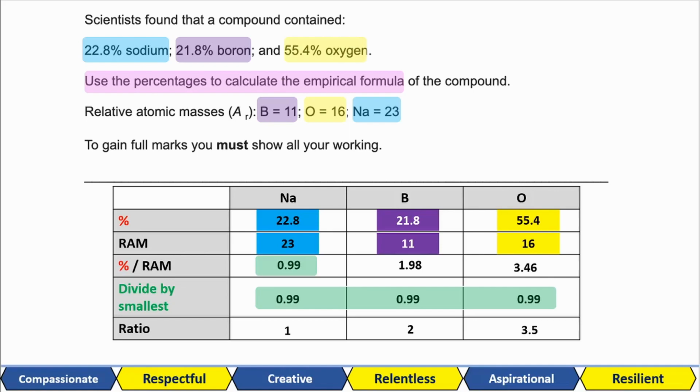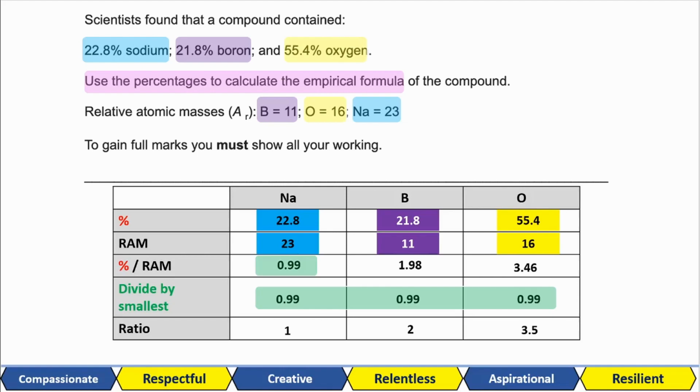There is just one step left. We have the ratios now, but remember the empirical formula is the whole number ratios, alright? So we need to multiply all of these numbers, 1, 2 and 3.5. We need to multiply each one by 2 because we want to turn that 3.5 into a whole number.